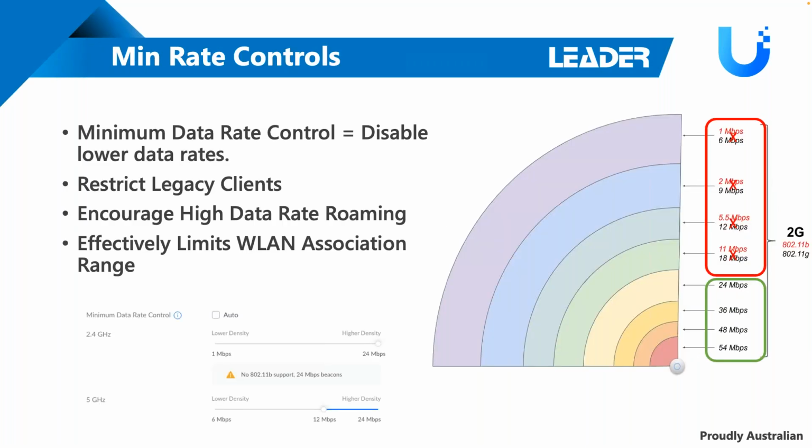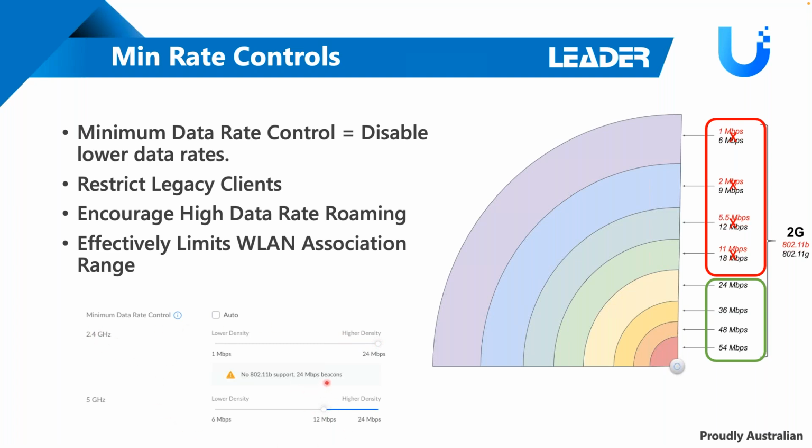So let's see how we eliminate or try to remove your sticky clients. The first mechanism for this, and this is probably your best bet, is the minimum rate control settings on the Ubiquiti interface. So if you search for minimum rate controls in the Ubiquiti interface, it will actually come up and it will look like this. And you have the ability to select your rate controls based on the 2.4 or 5 gigahertz network.